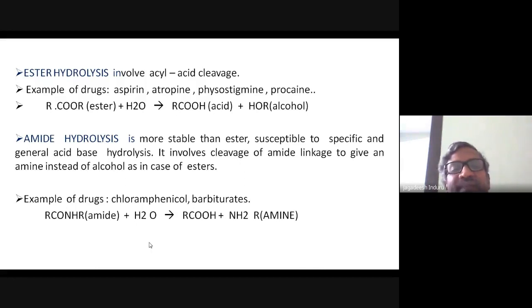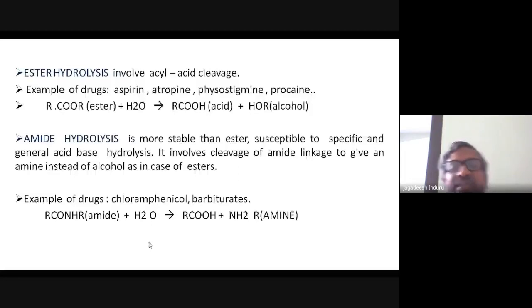It is catalyzed in the presence of acid or alkali, converting into carboxylic acid, COOH, and alcohol, OH. This is what generally happens in the hydrolysis reaction of an ester. There is also the amide.